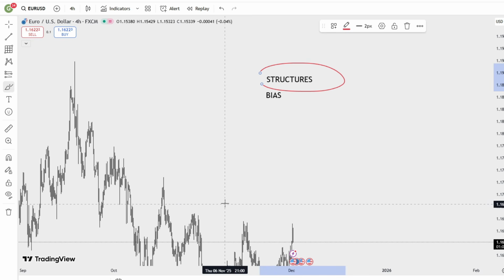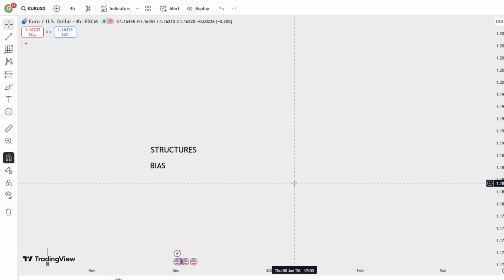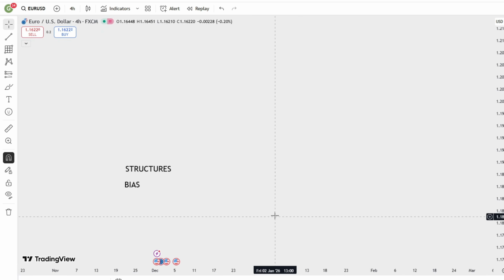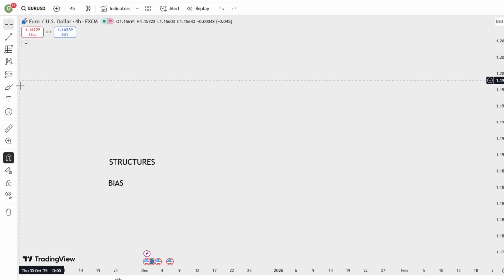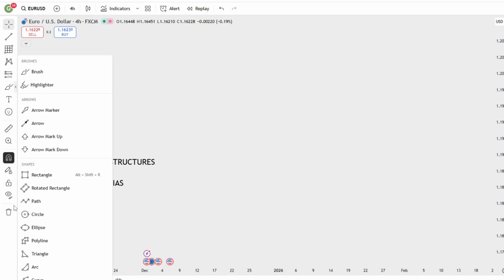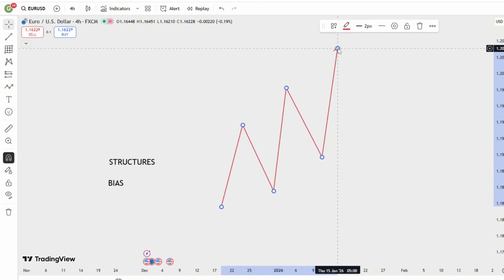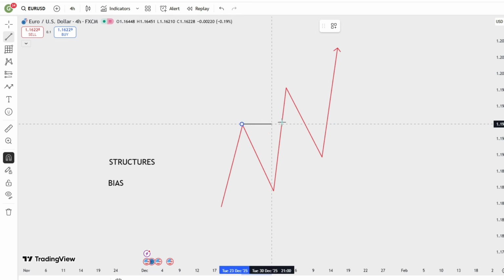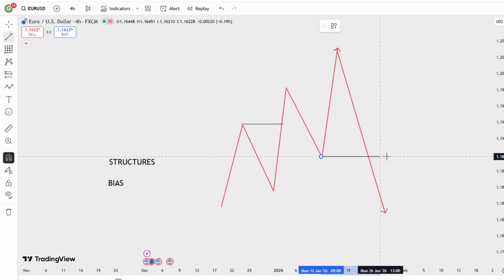There is structures. I think you guys are thinking right now, oh okay, I know structures, but in fact you don't know. And I'm gonna prove you don't know, because you think this is a market structure. Then you have your structure here, you have your BOS, and if the market comes here and does this, you have your change of character.